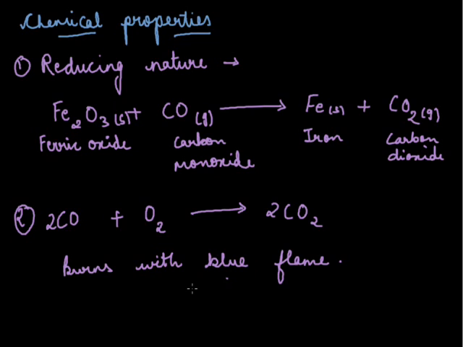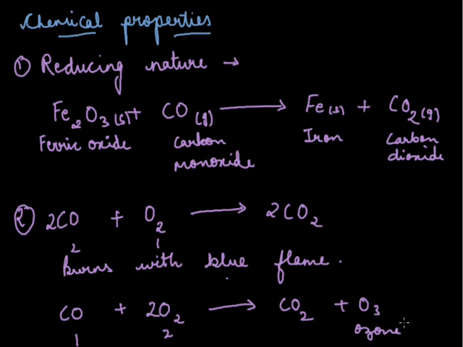For example, if carbon monoxide and oxygen are taken in the ratio 2 is to 1, then they will form carbon dioxide. But if they are taken in the ratio 1 is to 2, then they will form carbon dioxide and ozone. So these are the chemical properties of carbon monoxide.